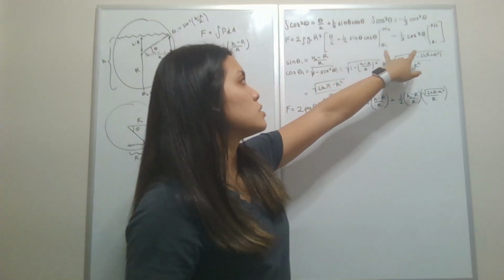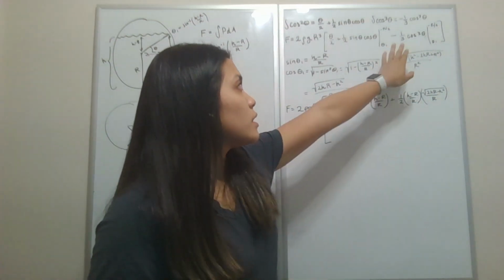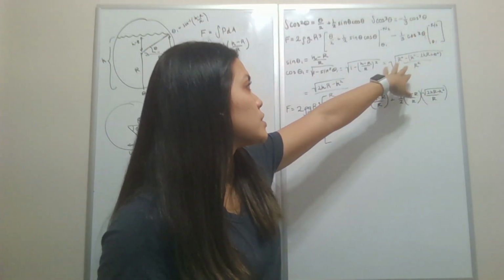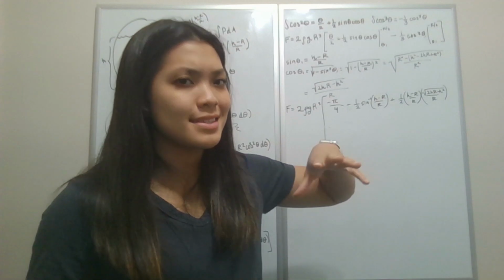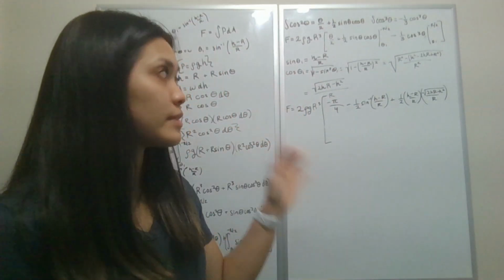Now we move on to our second integral. Evaluated at negative pi over 2, like I said earlier, I'm not sure if I said sine or cosine, but cosine of negative pi over 2 is equal to 0, so that term is eliminated.